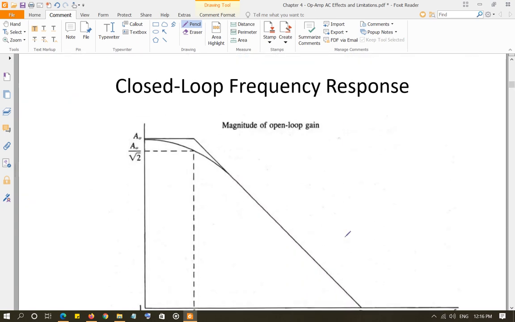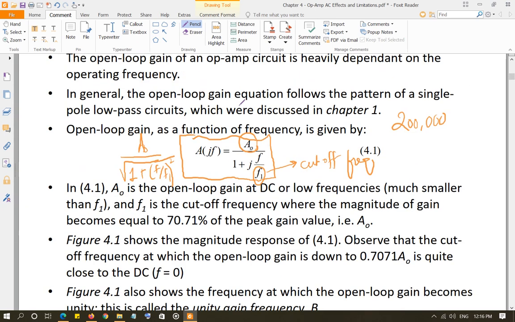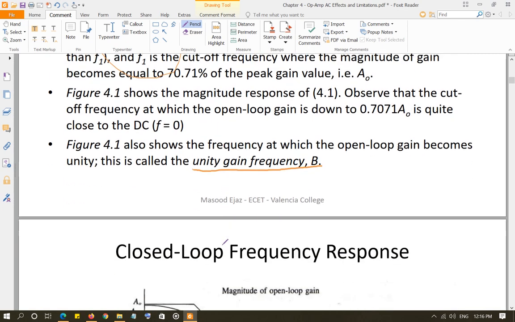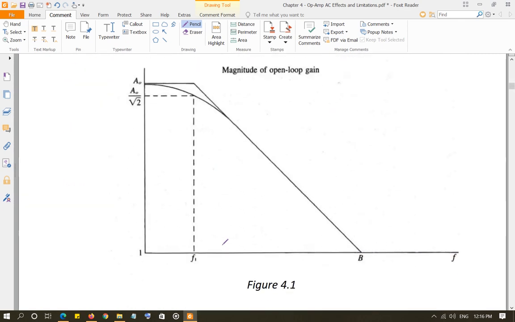So if we plot this equation right here, the magnitude of the open loop gain, then at DC, at 0 frequency, it is a naught.